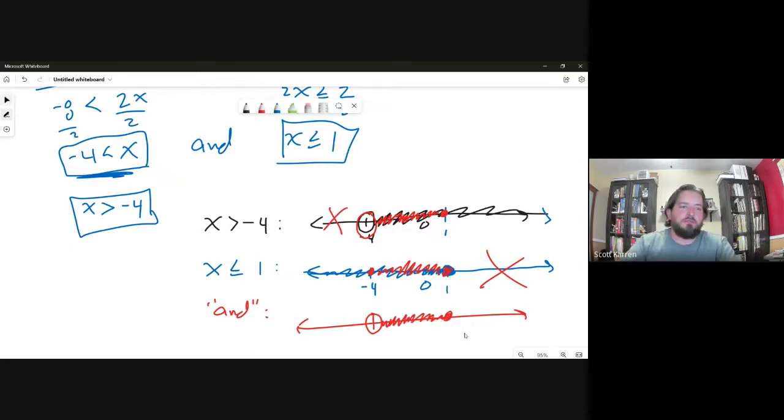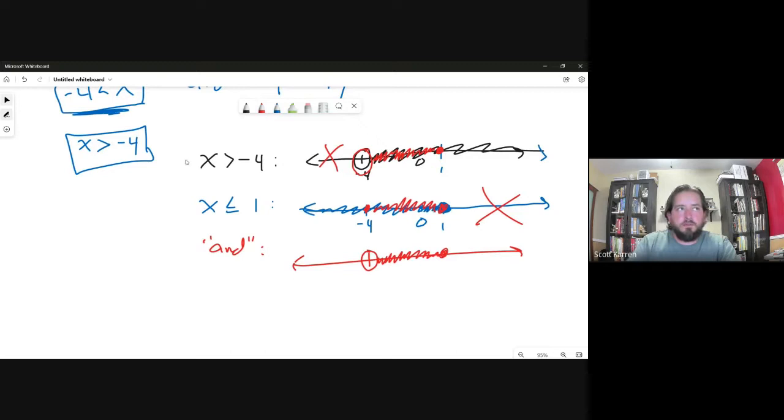And so my final interval notation solution here, this is -4, this is 1. It's from -4 to 1. Not inclusive on the -4, but inclusive on the 1. And that's our and compound inequality.